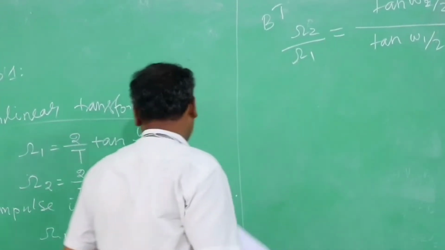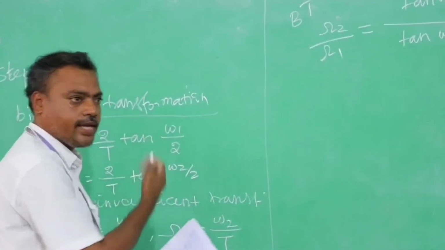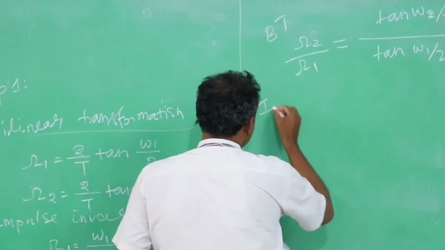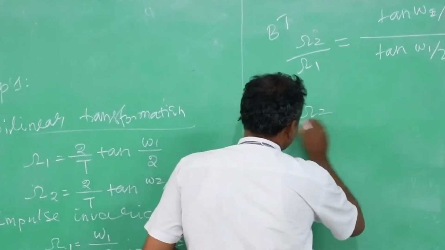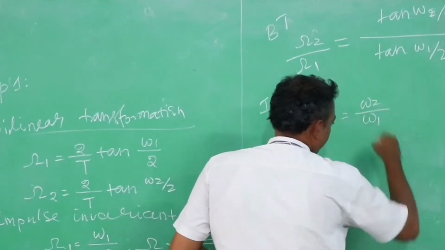Because the 2 by T in numerator and denominator is the same, it is cancelled. For the impulse invariant transform, ohm 2 divided by ohm 1 is equal to omega 2 divided by omega 1.